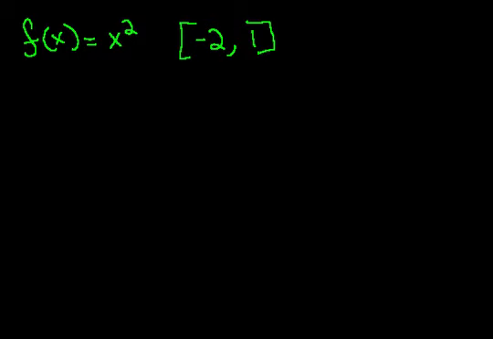I'm going to draw a graph of this function because I know what the graph of x squared looks like. So let me draw a graph really quick. The graph of this function on this interval from -2 to 1 would look something like this.